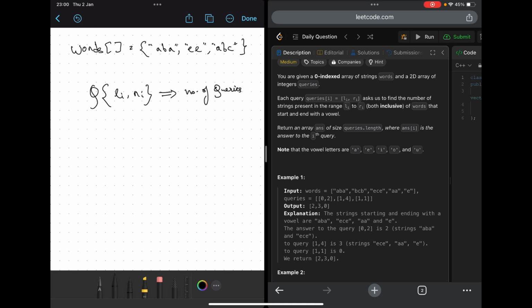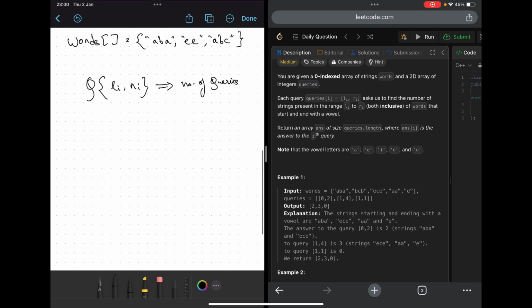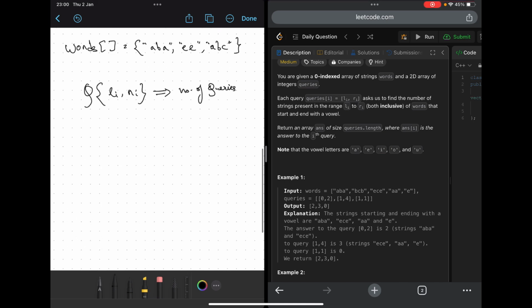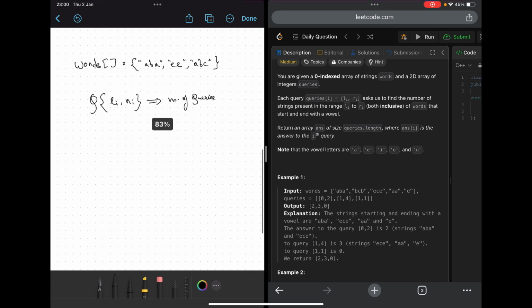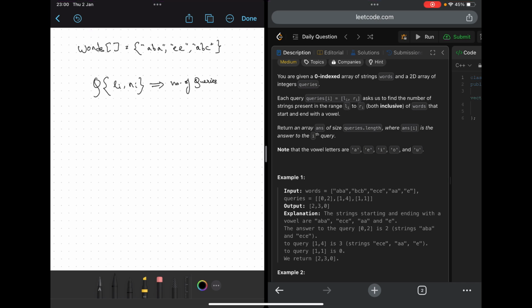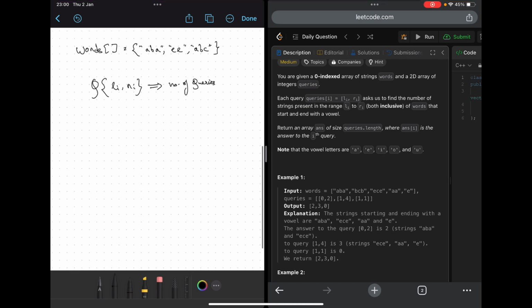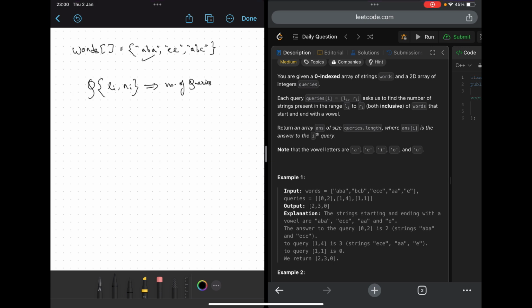So what the question asks us is, we need to find the total number of strings in our array words which begin with a vowel and also end with a vowel. So basically, if we see our above example, ABA is a string that begins with a vowel and also ends with a vowel. EE also is a string that satisfies the condition.